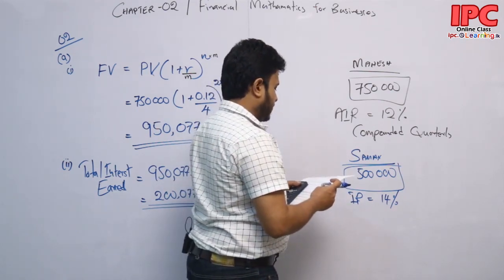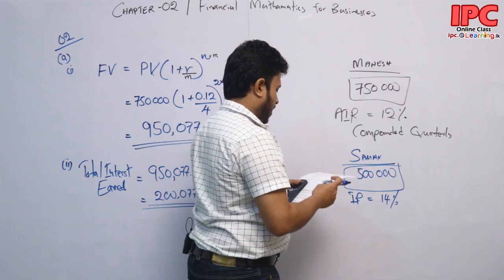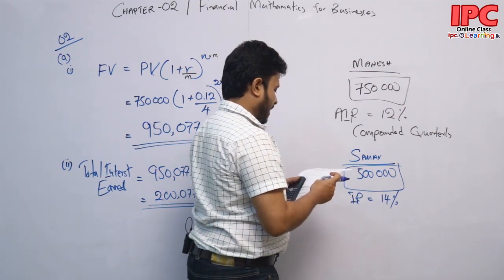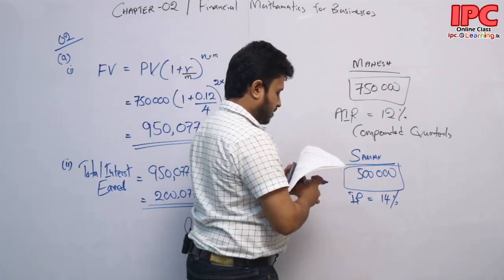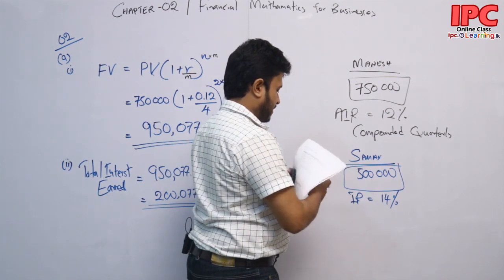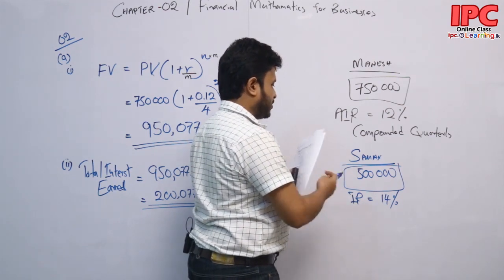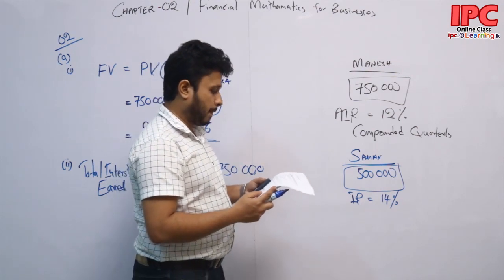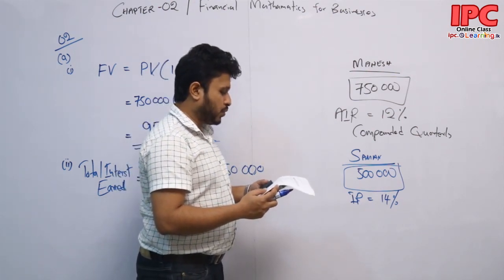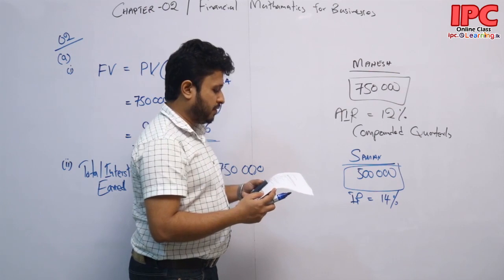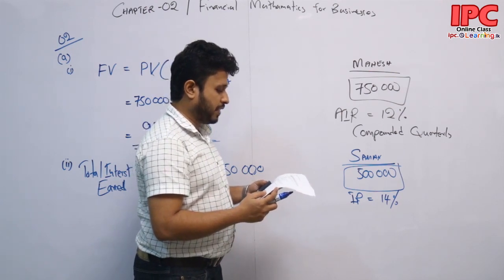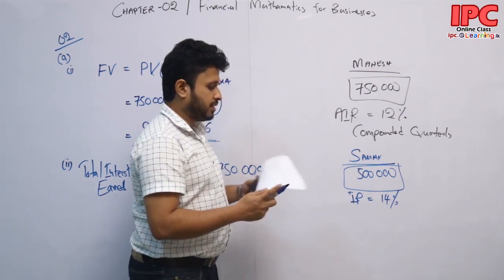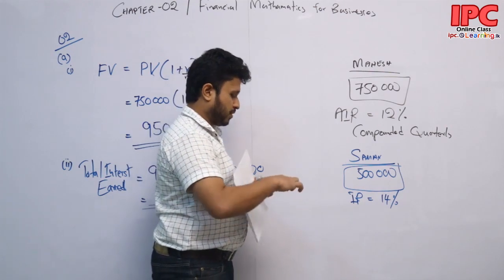This loan should be repaid in 5 equal installments at the end of every year, so within 5 years this should be settled. You are required to compute the value of an installment to be paid per annum on this loan.